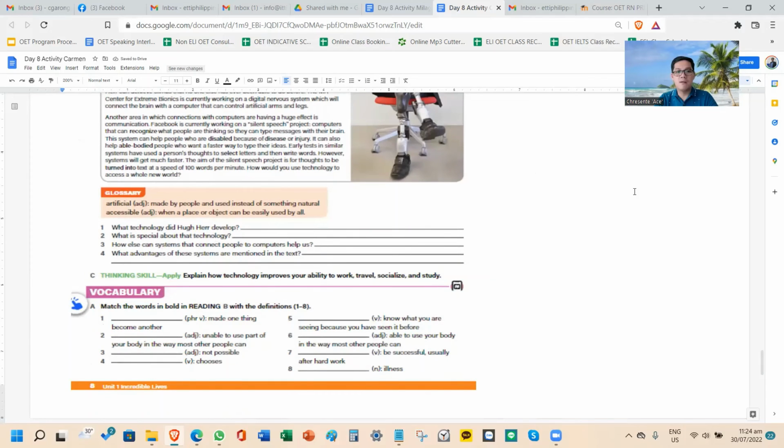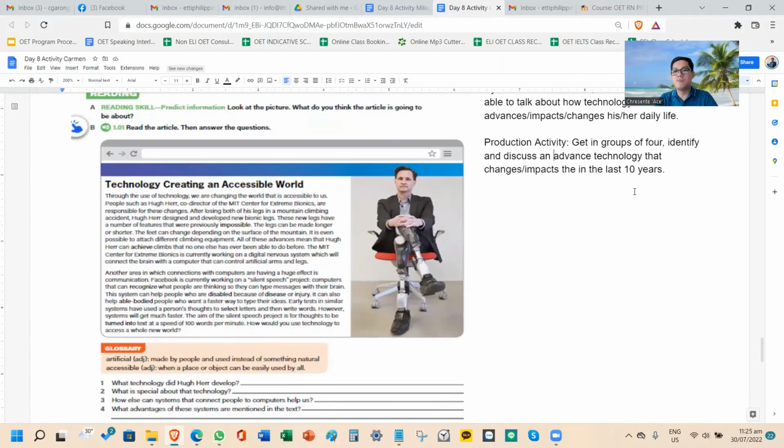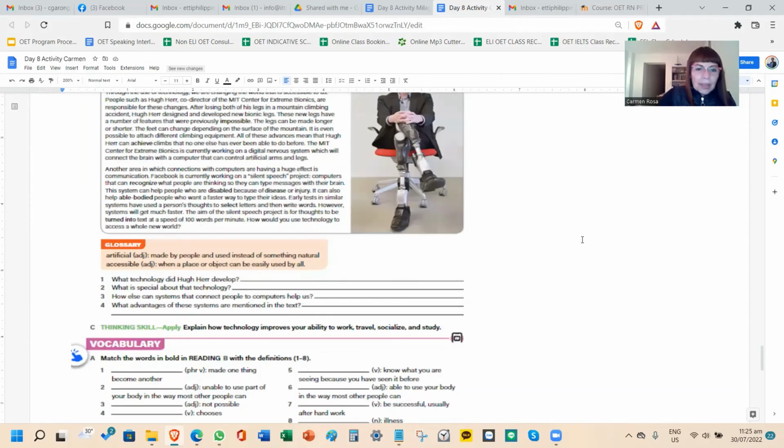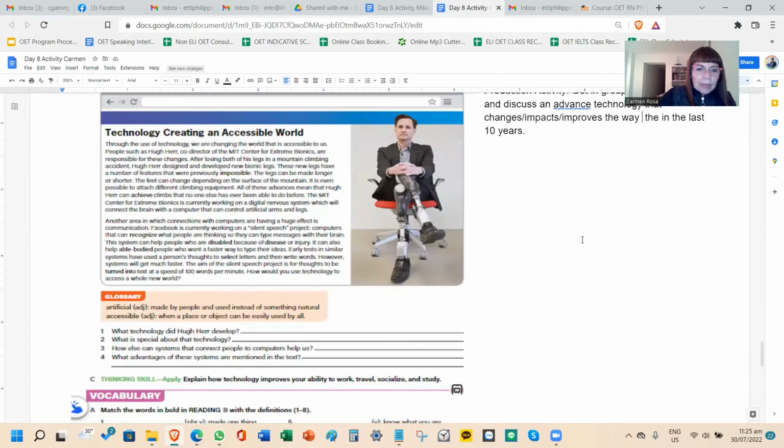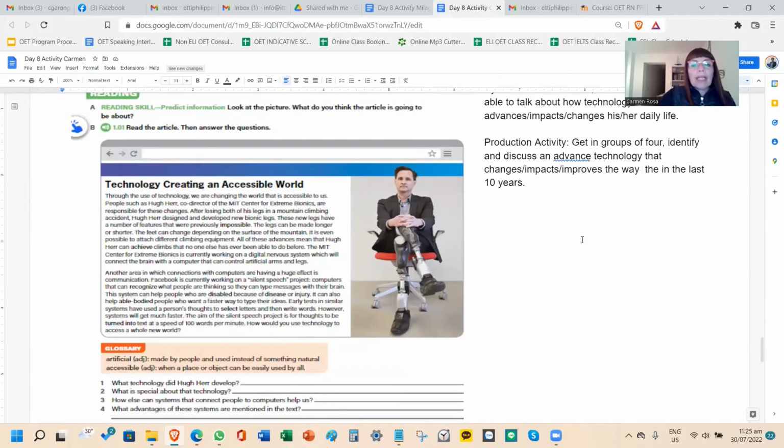That changes, impacts, improves the way, let's read it. Our ability to work. Improves the way we work, travel, and everything.